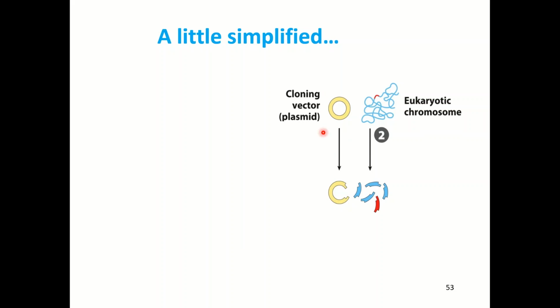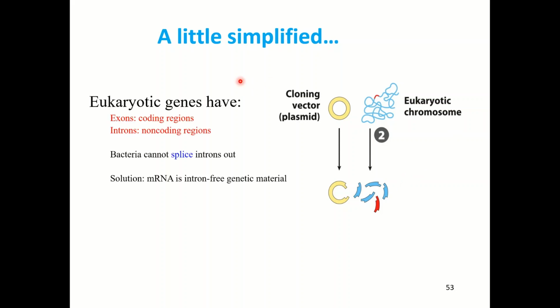So this idea that we showed earlier in the class, where you have a cloning vector and you can just take a piece of DNA from a eukaryotic plasmid and stick it in there, is a little simplified. Eukaryotic genes typically have both exons, which are coding regions, and introns, which are non-coding regions within one gene.